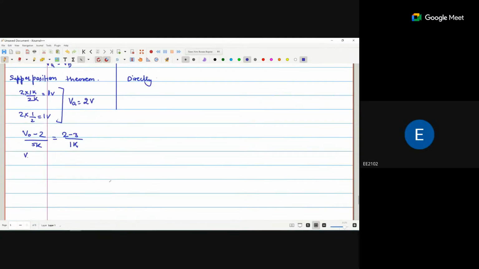So V naught minus 2 is equal to minus 5. So V naught is equal to minus 3 volts.